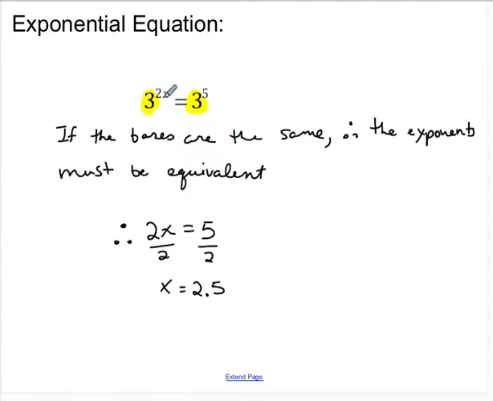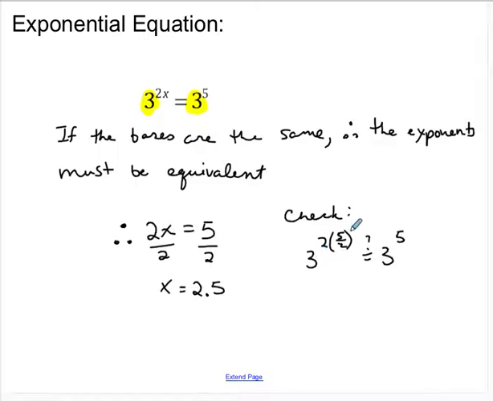Okay? And plugging it back in, I could check that understanding and say, is it true that 3 to the 2 times 5 halves, or 2.5, is equal to 3 to the 5th power?